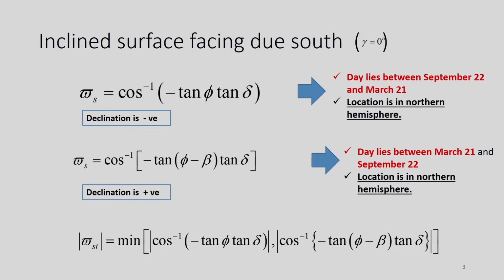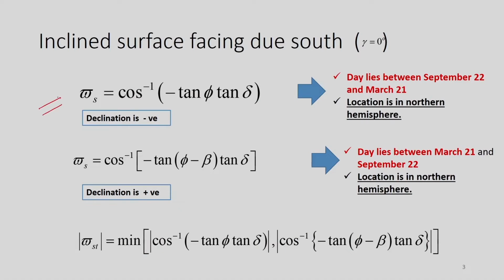Say, for an inclined surface facing due south. When we say due south, gamma is equal to 0, that is, the surface azimuth angle is 0. So, the expression derived for the horizontal surface will hold good for an inclined surface facing due south if the representative day lies between September 22 and March 21 and the location is in the northern hemisphere.